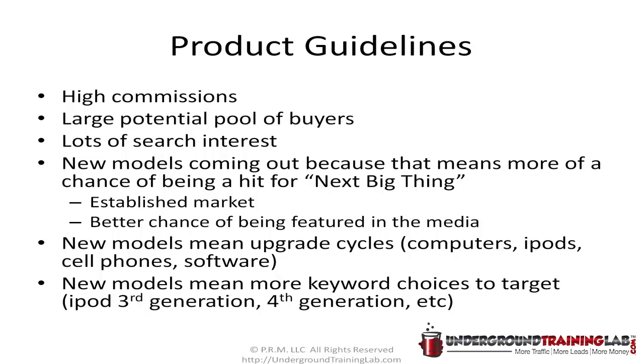When they talk about a new Apple iPad, Steve Jobs gets on the stage, and every news channel in the world carries that coverage. It drives people to the internet to do more research. So when a new model comes out, people do more searching, and they're more likely to buy a new product. So it's very important that we're picking products that have new models coming out all the time.